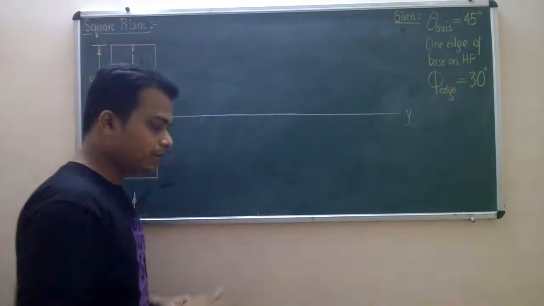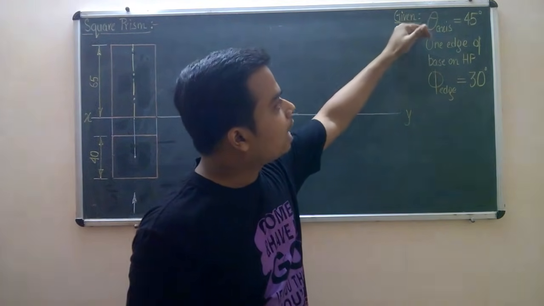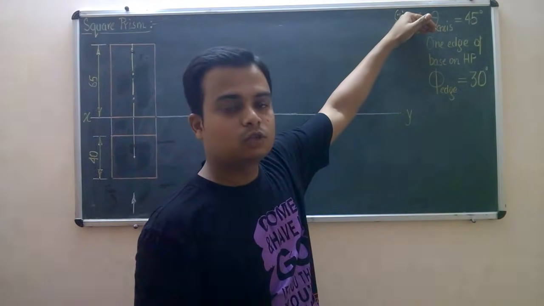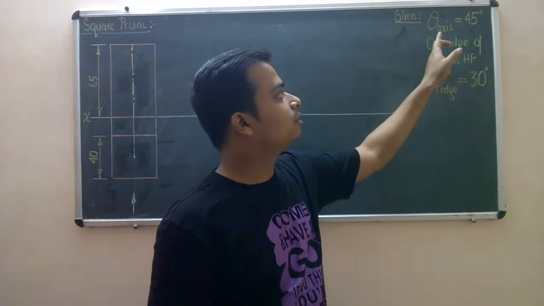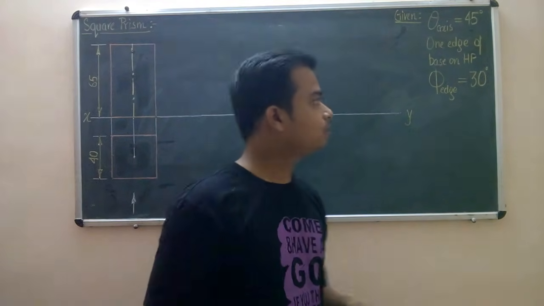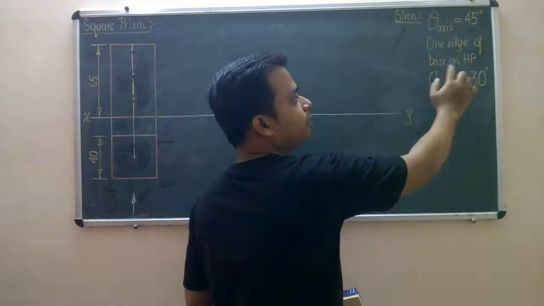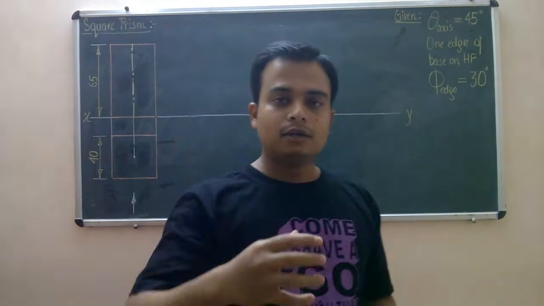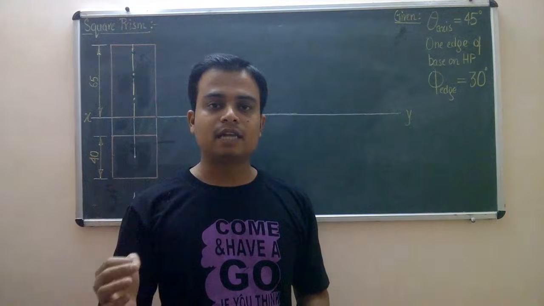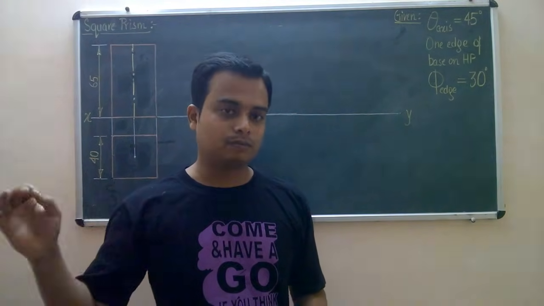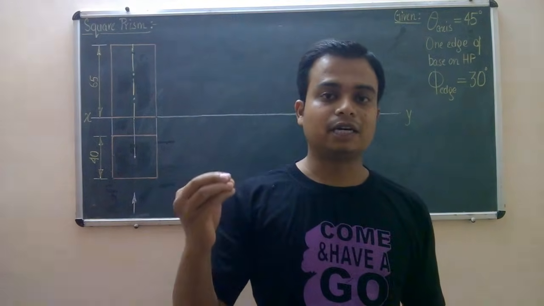Let us go ahead with a few more data which are extremely important. The axis of the square prism is making an angle of 45 degrees with the horizontal plane, so we have written theta axis is equal to 45 degrees. Secondly, one more thing which has to reflect in your drawing is one edge of the base on HP. The inclination has to be made in such a way that one edge always remains in absolute contact with the HP, or you can also say one edge of the square prism remains grounded.